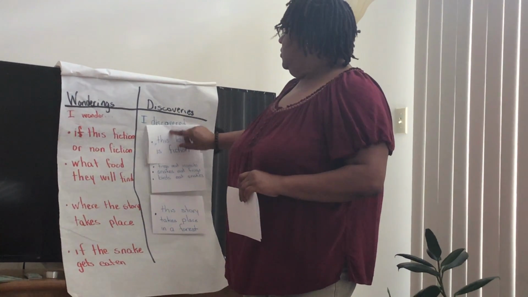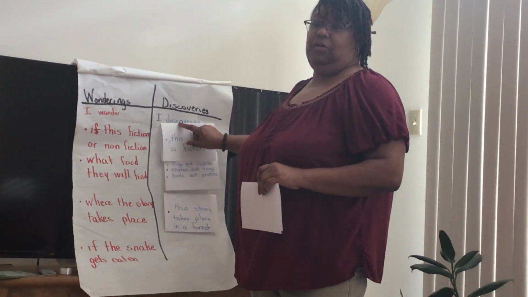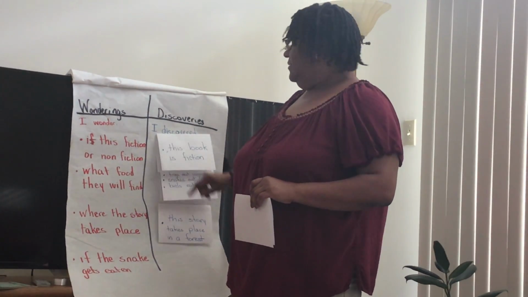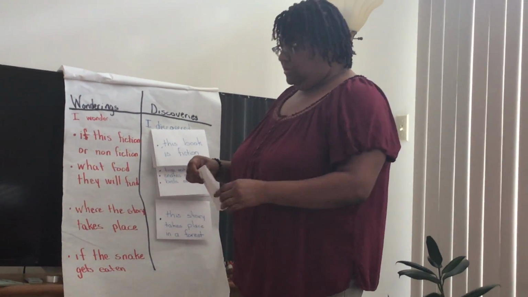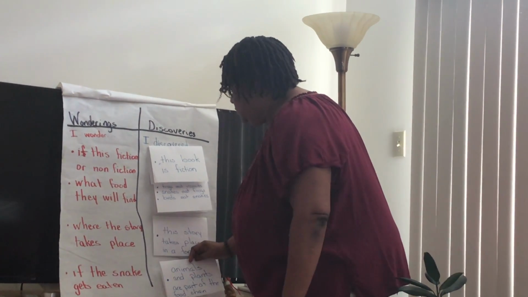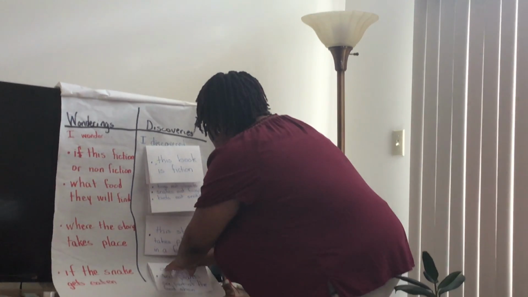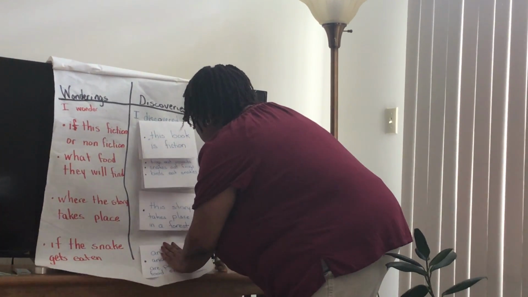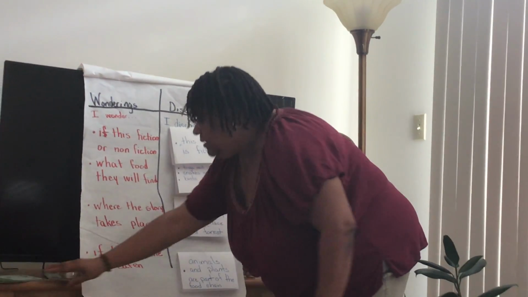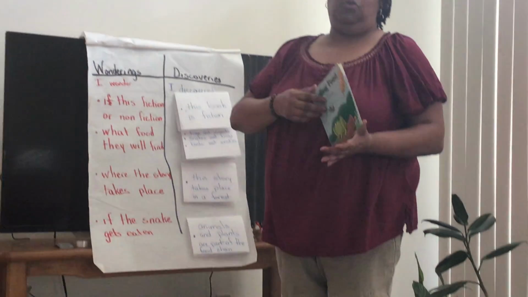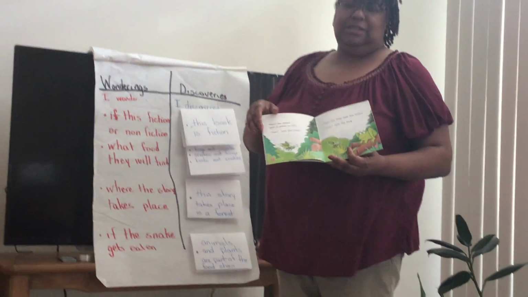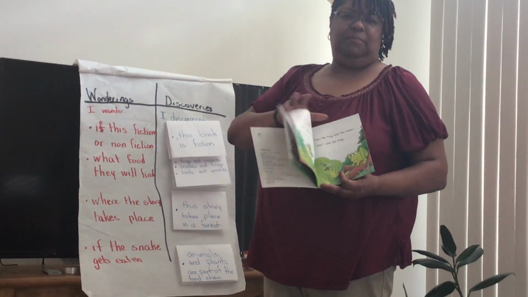How do I know? Because animals don't talk in real life. And I also discovered that animals and plants are part of the food chain because each one wanted to eat the one in front of it.